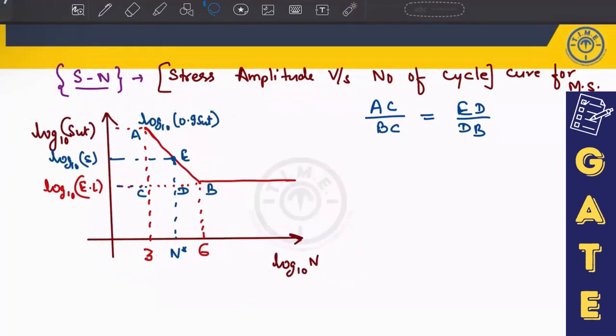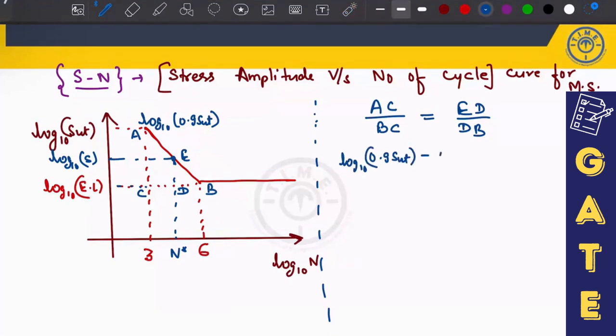Two-mark problems they ask from this SN diagram. So you only have to locate those points and then use this equation. Log of 10, 0.9 ultimate tensile strength minus log of 10 endurance limit, divided by BC. BC is nothing but 6 minus 3.